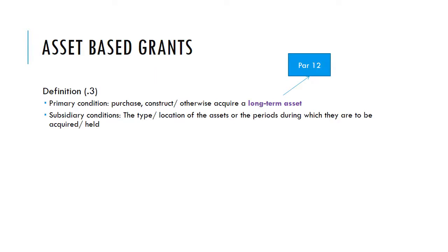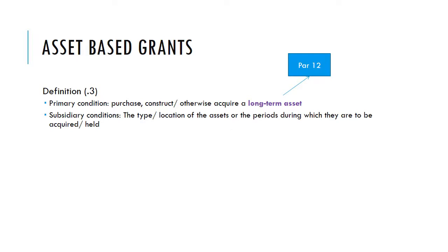So here's our definition of an asset-based grant. It's where the primary condition is to purchase, construct, or otherwise acquire a long-term asset. There can be subsidiary conditions like the type or location of the assets or the periods during which they are to be acquired or held.